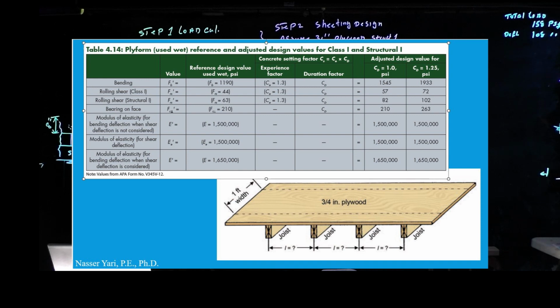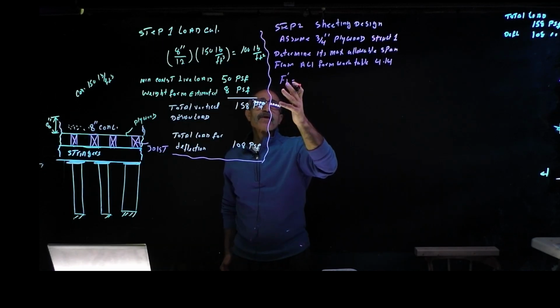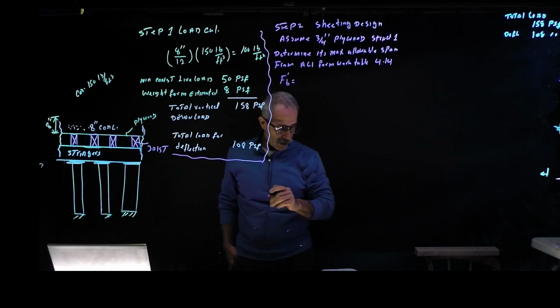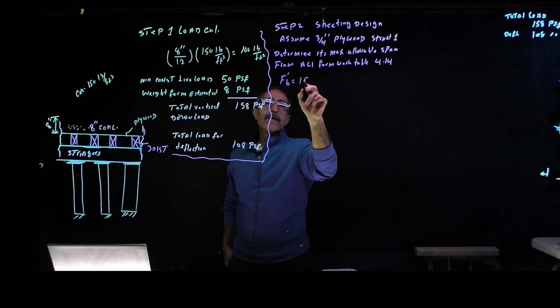From the ACI formwork table 4.14, or APA also, we're going to find these quantities. F prime b, the bending capacity already adjusted, is about 1545 psi.